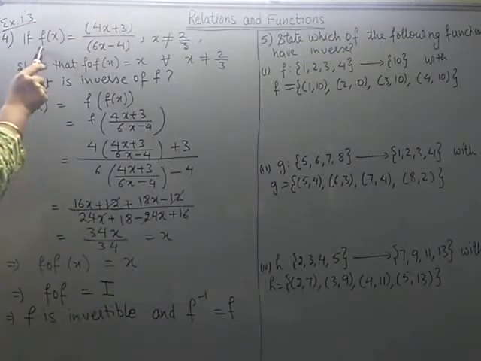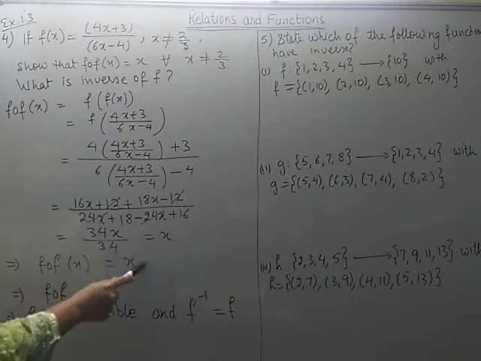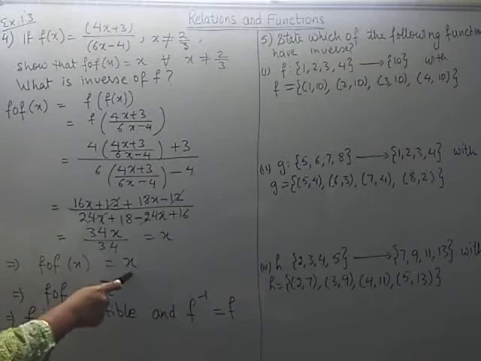You can see the elements in the domain of f are denoted by x. In the same way, composition of g and f comes out to be an element from the domain of g. Then they are termed as inverse of each other. Over here we have taken composition of f with itself. Okay, and the element is coming out to be an element from the domain of f itself.